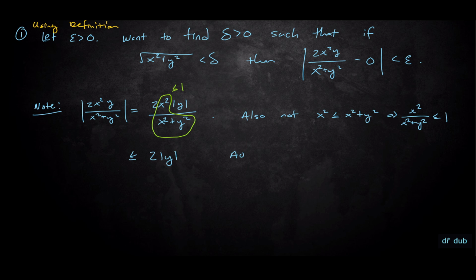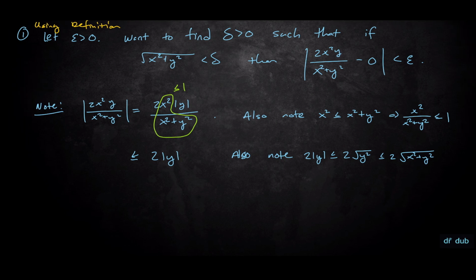Also note that 2 times the absolute value of y would be less than or equal to 2 times the square root of y squared, which would be less than or equal to 2 times the square root of x squared plus y squared, because if I add something positive under that radical, it can only get bigger.